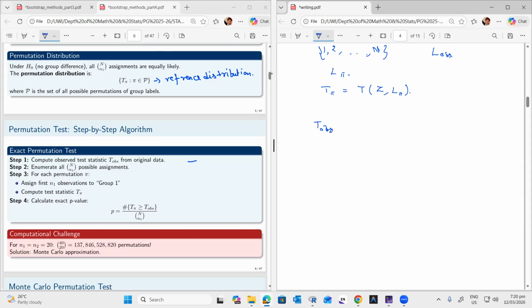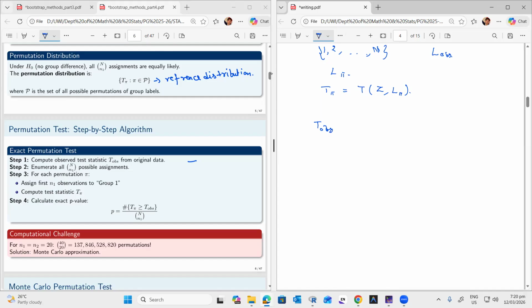For a two sample problem, the common choices include the difference in sample means, x bar minus y bar, the t statistic, or differences in the median, or any other statistic of interest that we choose. The choice should reflect the alternative hypothesis, for example a location shift or a scale change.